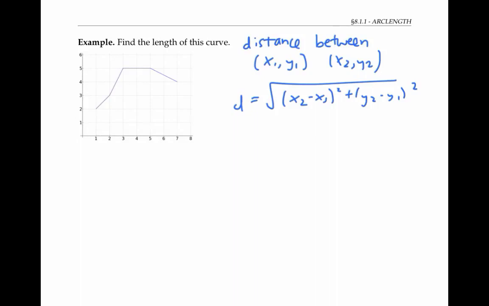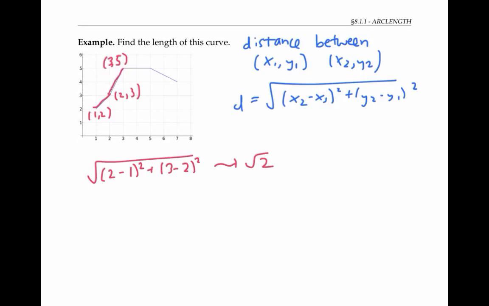Applying this formula to the first line segment, connecting the points 1, 2, and 2, 3, we get a length of the square root of 2 minus 1 squared plus 3 minus 2 squared, which is the square root of 2. The length of the next line segment can be calculated similarly.